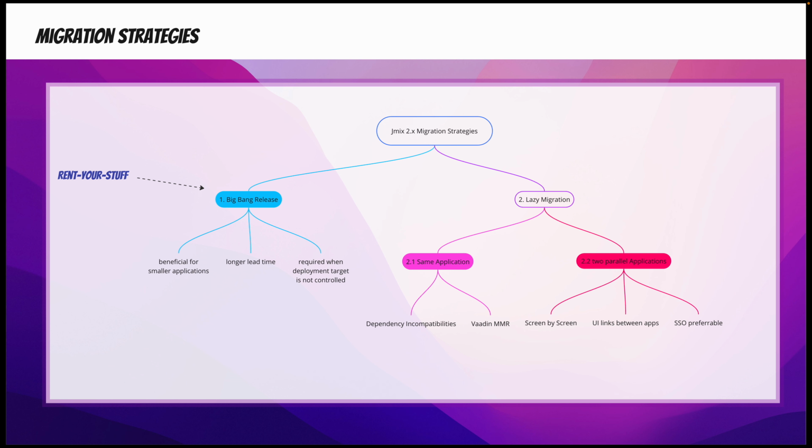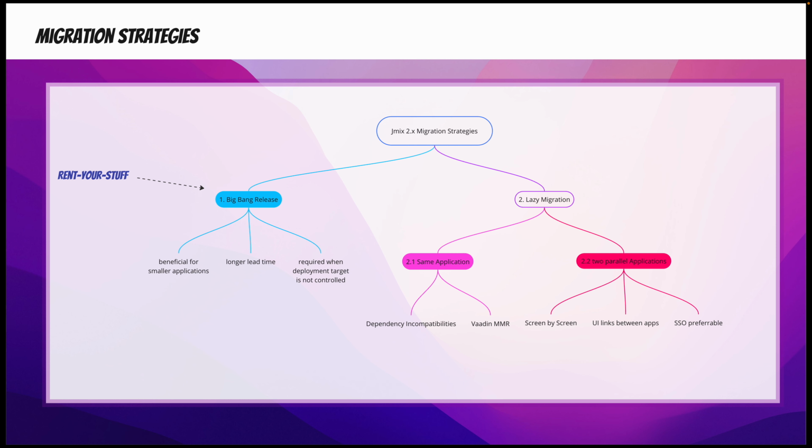So for the Big Bang release, you can just imagine you manually on your local machine upgrade to your new Jmix version. You do all the changes that are necessary, and once you're done, you deploy it, and your users can then use the new version.